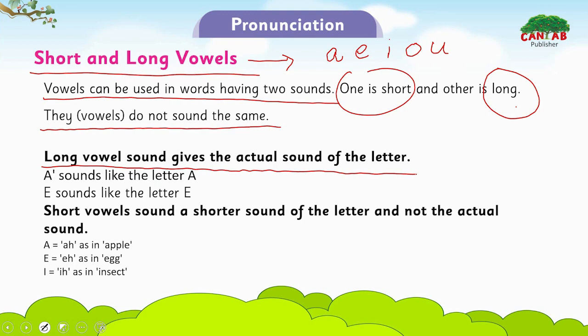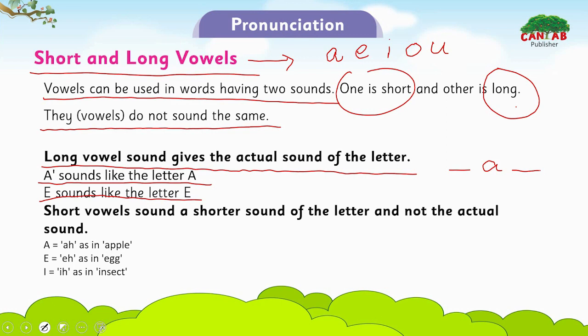For example, A sounds like the letter A and E sounds like the letter E. Whenever A comes in any word and sounds like the letter A, it is termed as a long vowel.